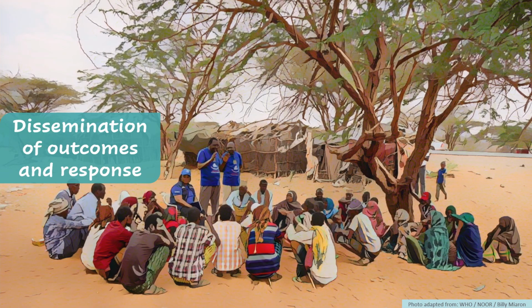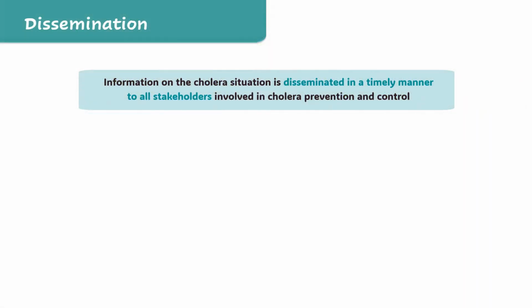Health authorities disseminate the outcomes of surveillance and investigation to guide the response against cholera. Information on the cholera situation is disseminated in a timely manner to all stakeholders involved in cholera prevention and control.